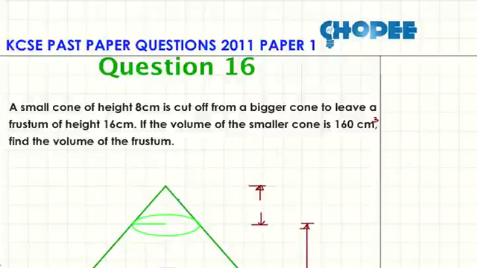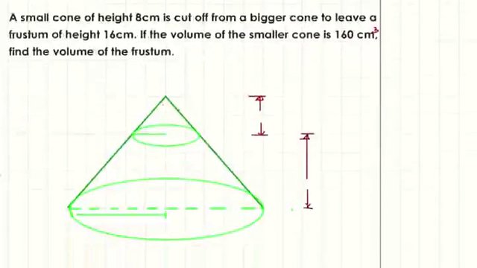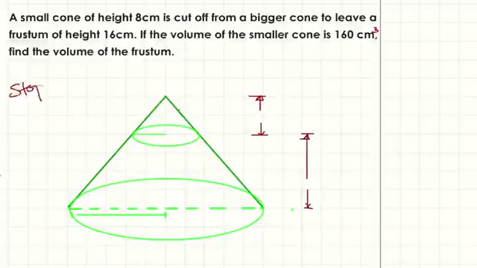So, having read the question and understood it, we will come to note what it simply requires. Step 1 is to sketch. We have our sketch of the bigger cone. The smaller cone has a height of 8 centimeters.